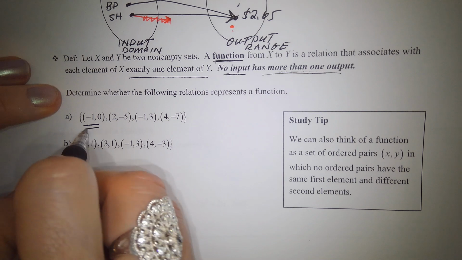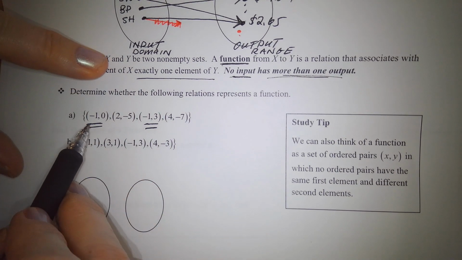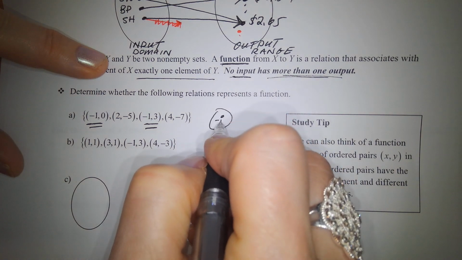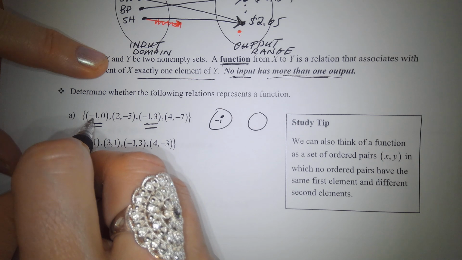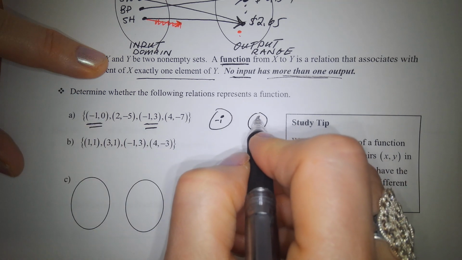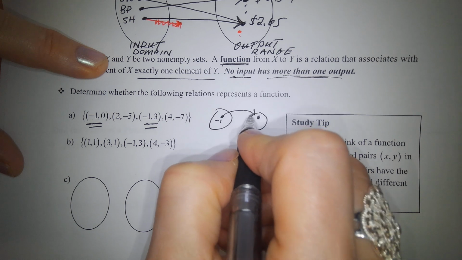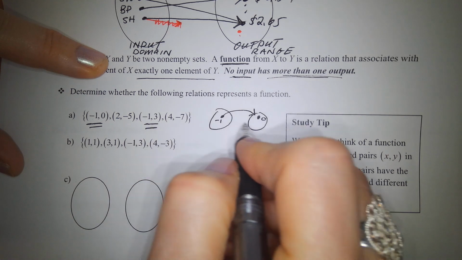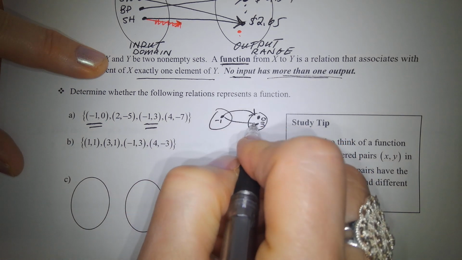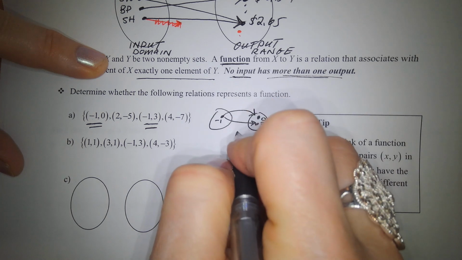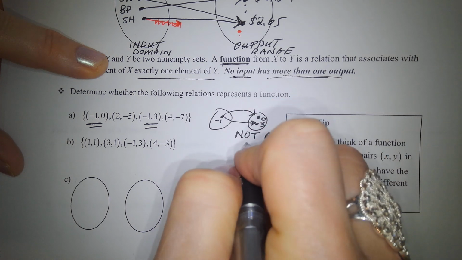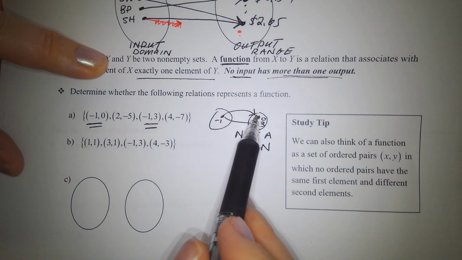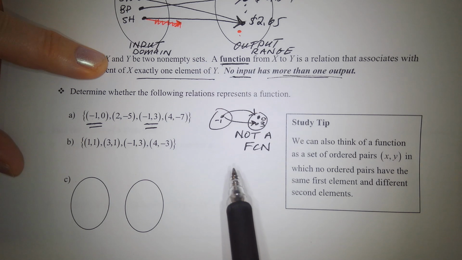So for example, if we look at these 2 points, you see that the input of -1 would go in the first circle. The output, this -1 says the y output should be 0. But this point says -1 input should go to 3. That is an example of not being a function. It is not a function because one input goes to 2 different outputs.